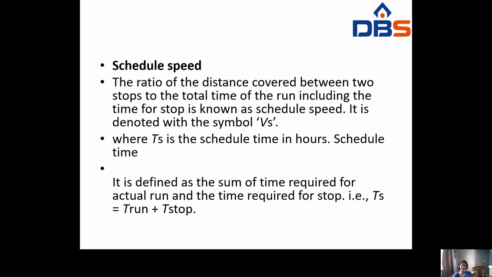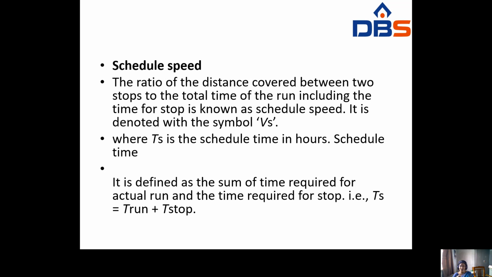Scheduled speed is the ratio of distance covered between the two stops to the total time of the run, including time for stops.